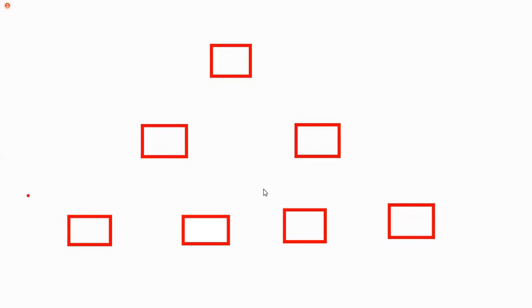Suppose there are A class, B class, C class, D class, E class, F class, G class. Many classes, like hybrid or hierarchical.